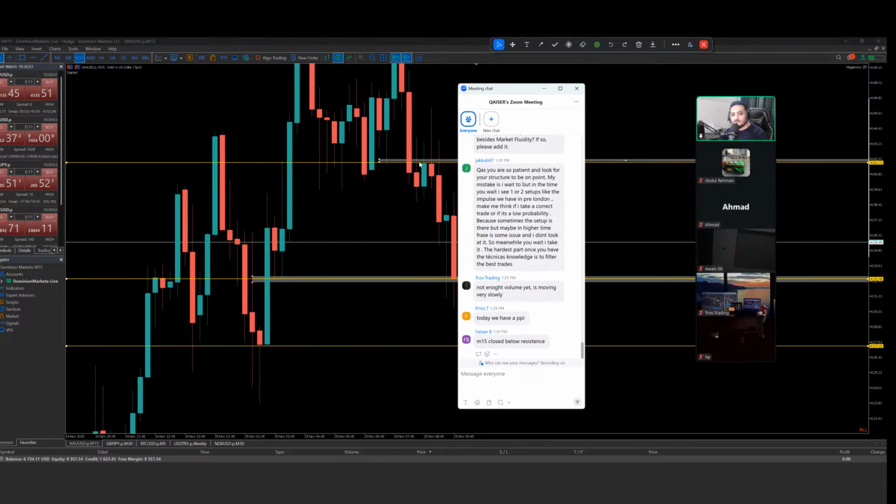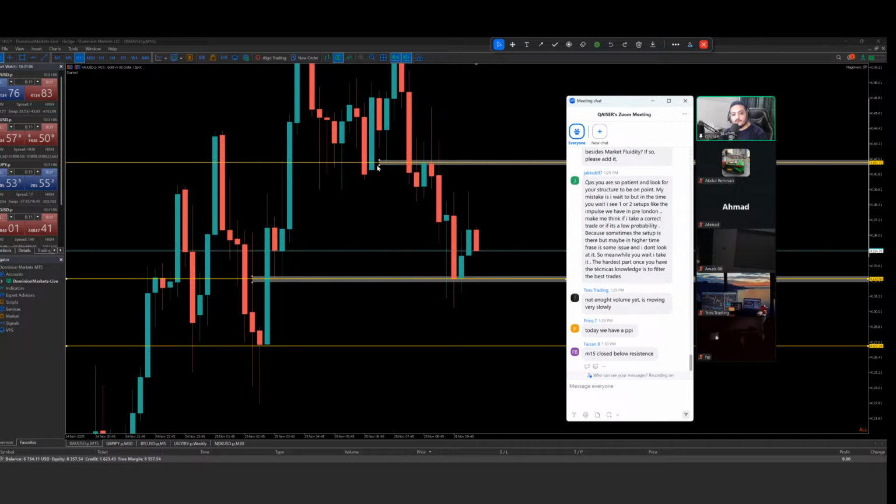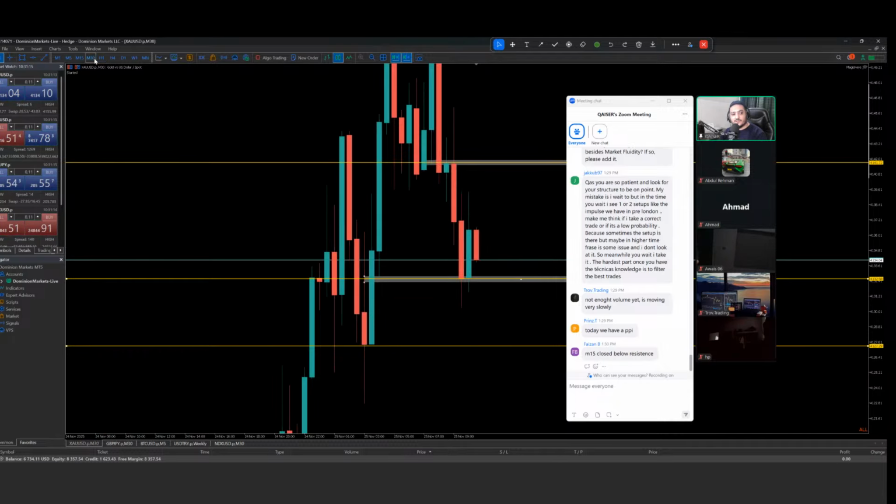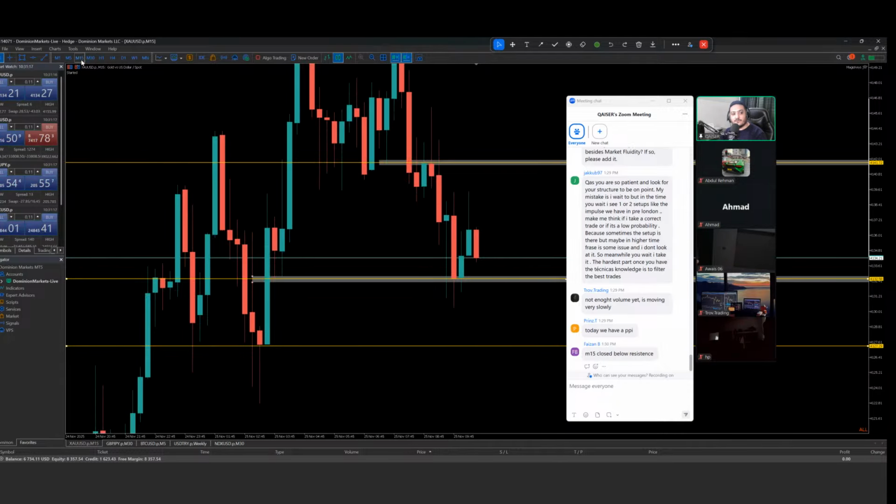That's it. So no buys, no sells for me. I can't see any confirmation on H1. I cannot see any confirmation on 30 minute. I cannot see any confirmation on 15 minute. This is nothing for me. It's no trend, a no trade zone actually.